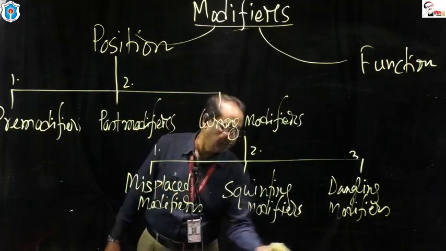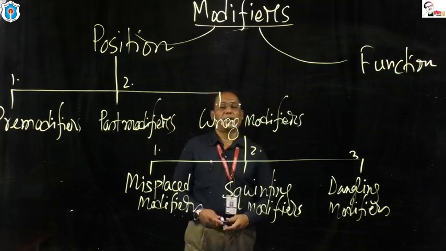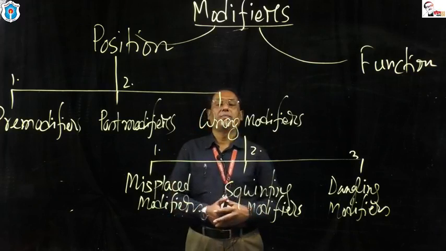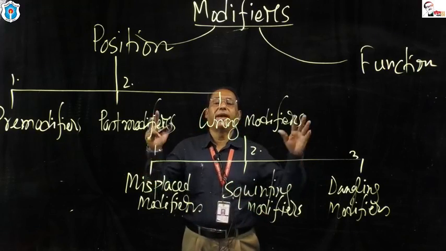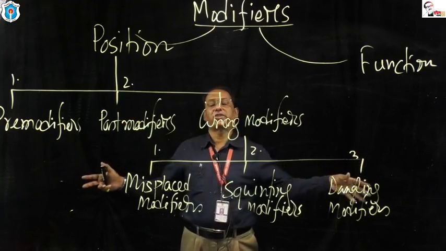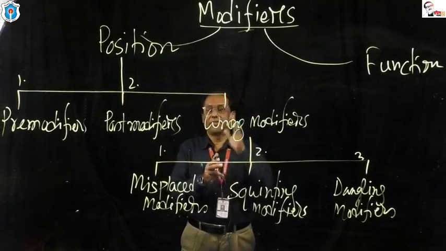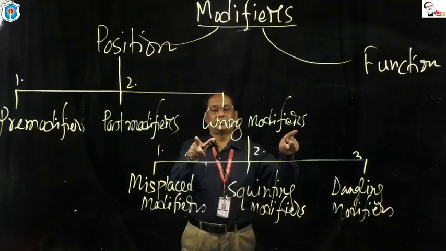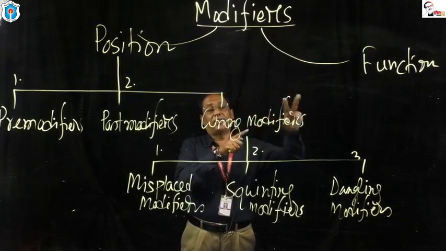Squinting modifier is another kind of wrong modifier which at the same time modifies two head words in two opposite directions. That is, in a sentence there is a head word and there is a modifier.